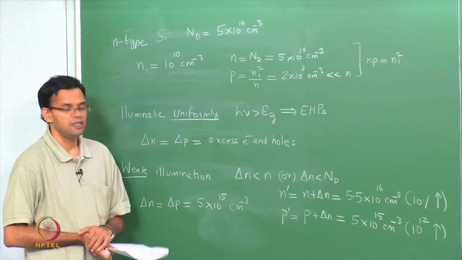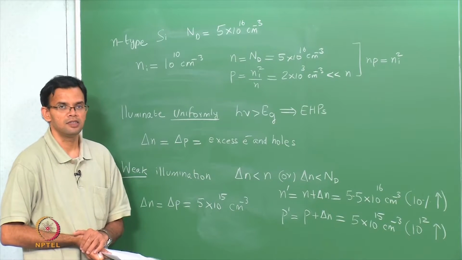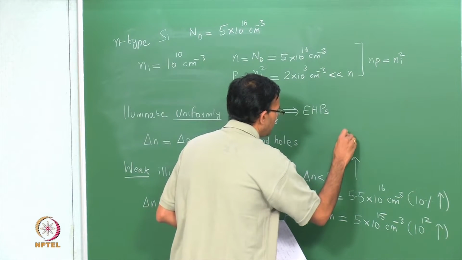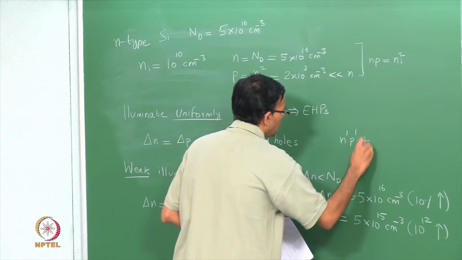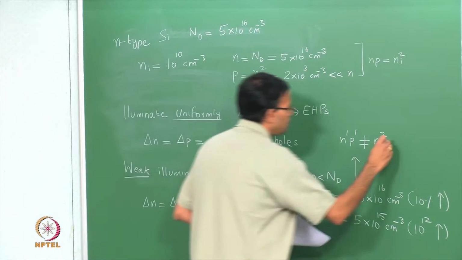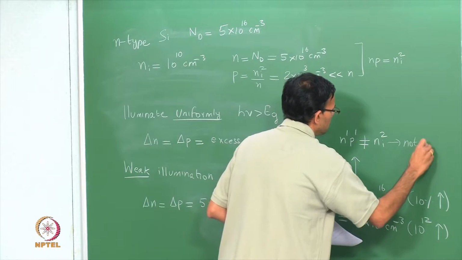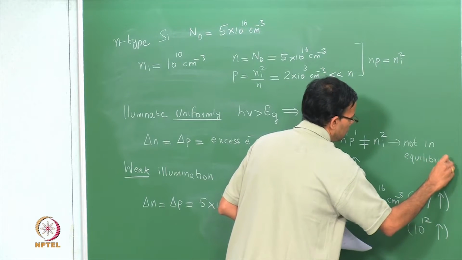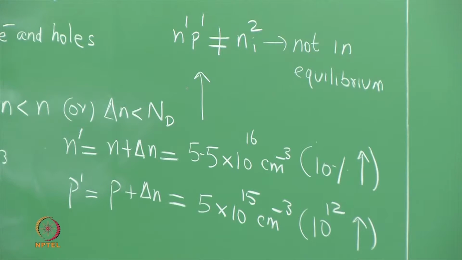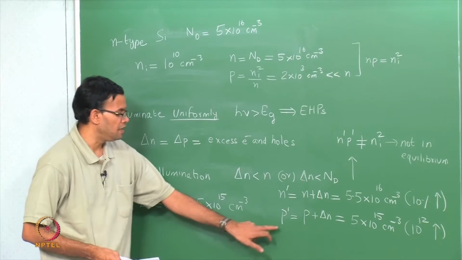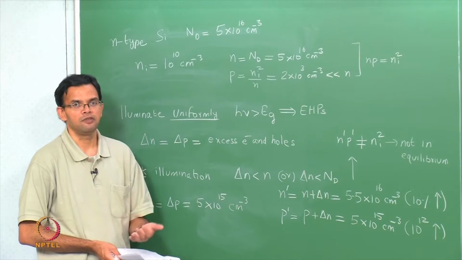When we turn off the light, we have all of these excess carriers, and when we have excess carriers, we will find that n prime p prime is not equal to ni square, because your system is not in equilibrium. So, now when I turn off my light, all these excess carriers have to start to recombine. The real increase in concentration is in that of the holes.